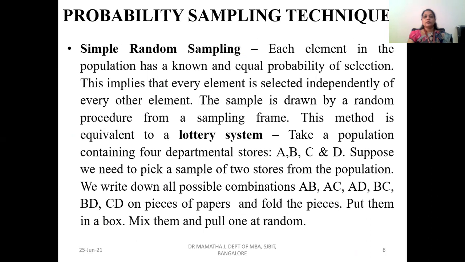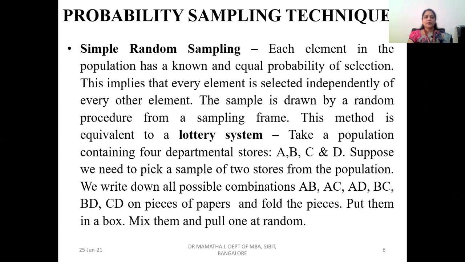Moving on to the first technique, probability sampling, under which the first method is simple random sampling. As the name itself says, in simple random sampling you are picking the sample randomly, but not just based on your convenience or availability.